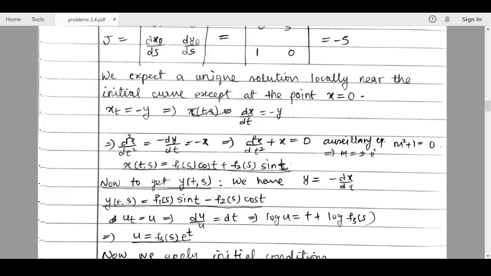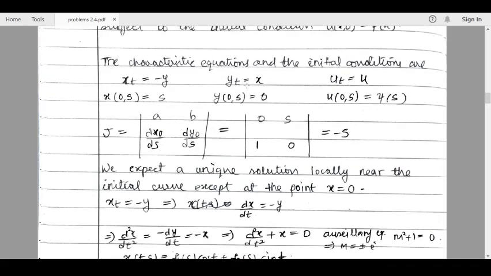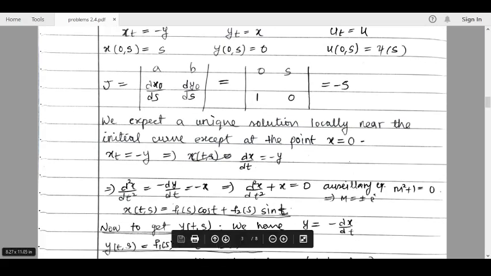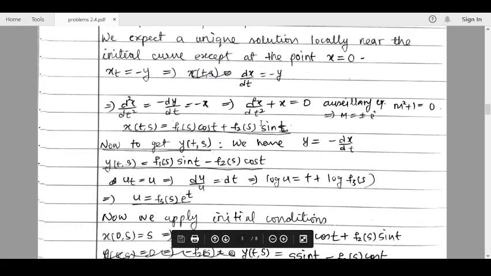So LHS d by dt of dx by dt becomes d square x by dt square, equal to RHS, which becomes minus dy by dt, and we know dy by dt is x, so we can substitute the value. So we got minus x. If we combine, we will get d square x by dt square plus x equal to 0.